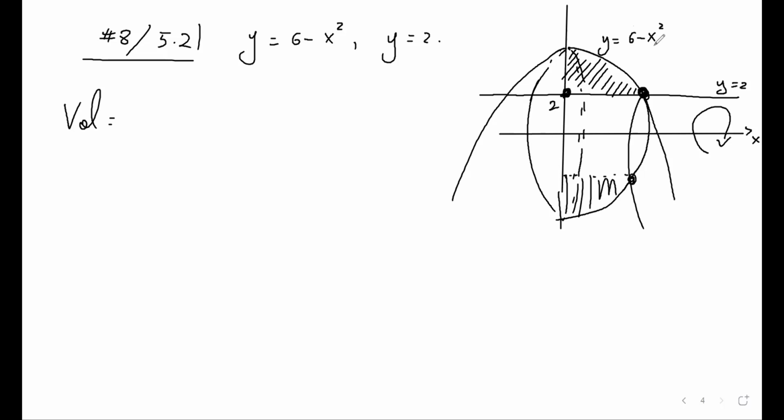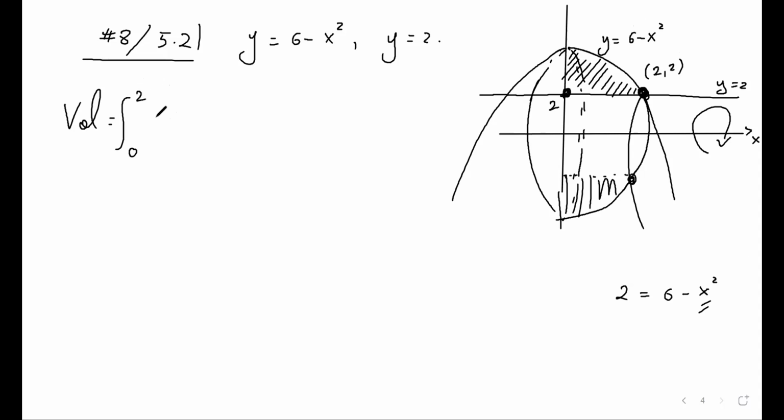So when y is 2 and is also 6 minus x squared, if you set these two equal, you can look in decimals, of course, and you can figure out this corner here. But you can easily do 2 equals 6 minus x squared. And then if you solve for x, you will see that x is also 2. So this point here is really 2 comma 2. Look here, 6 minus 2 squared is also going to be 2. So this point being 2, it means that the left and the right bound are at 0 and 2.